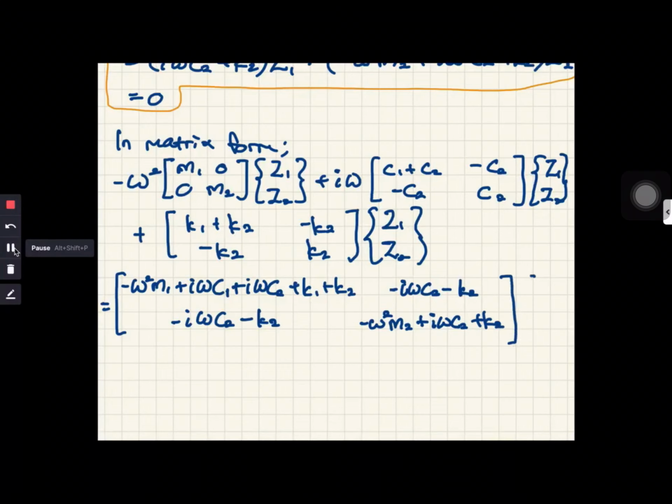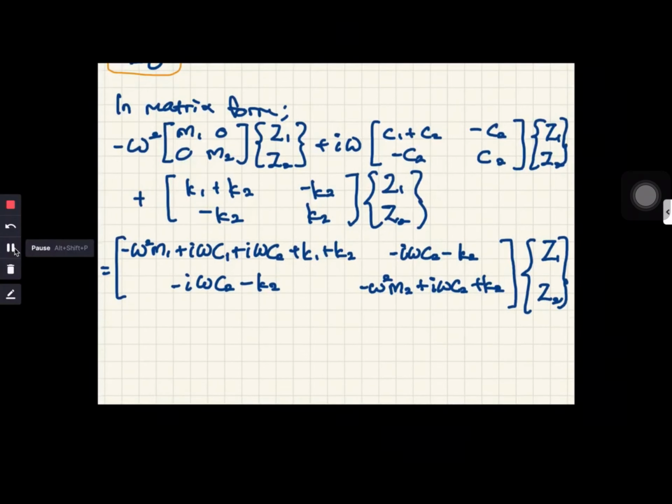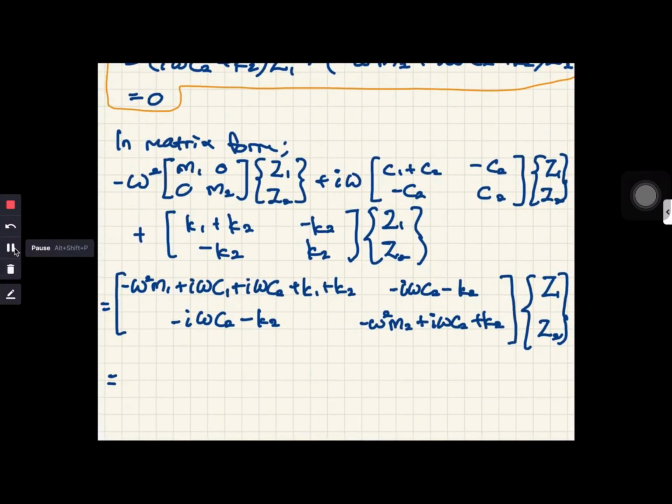Here we multiply with z1 and z2, and everything here is equal to F and 0.